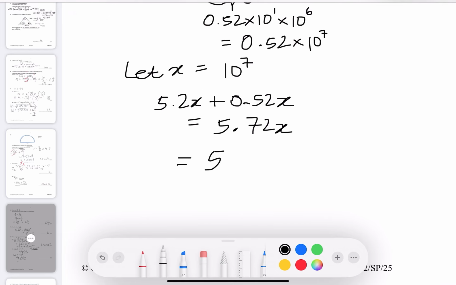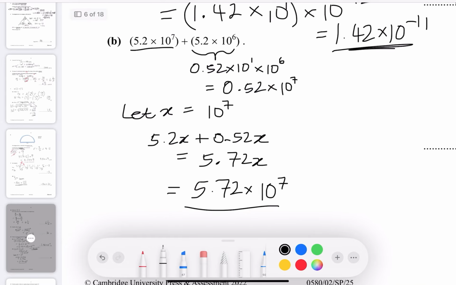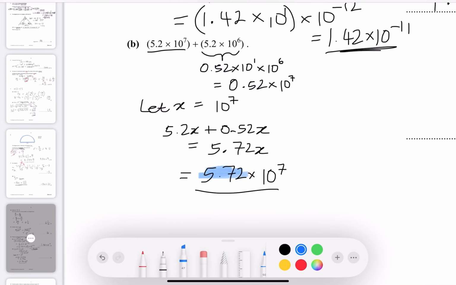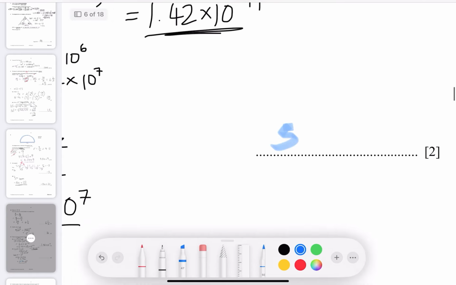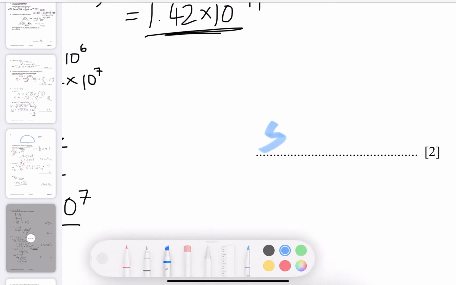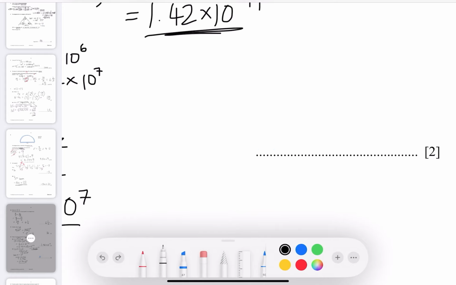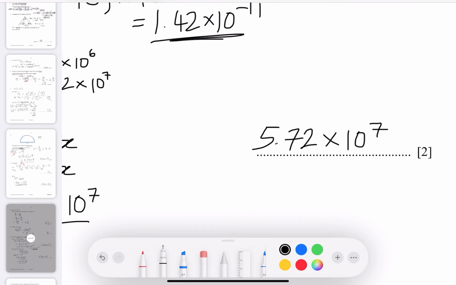So this is equal to 5.72 times 10 to the 7. And that's our answer. It is in standard form because this constant term here is between 1 and 10. So 5.72 times 10 to the power of 7 is our answer for that one.